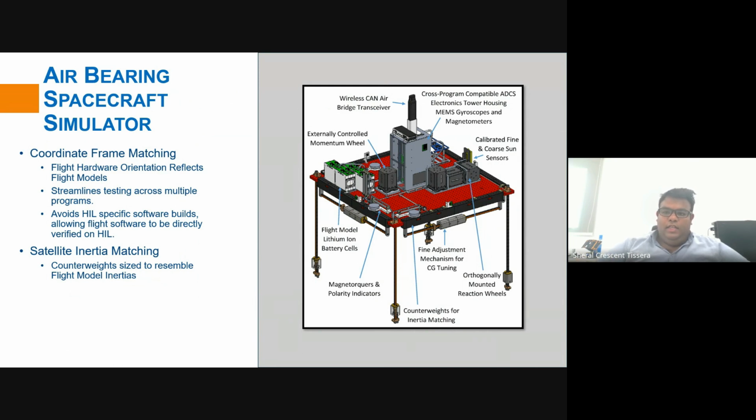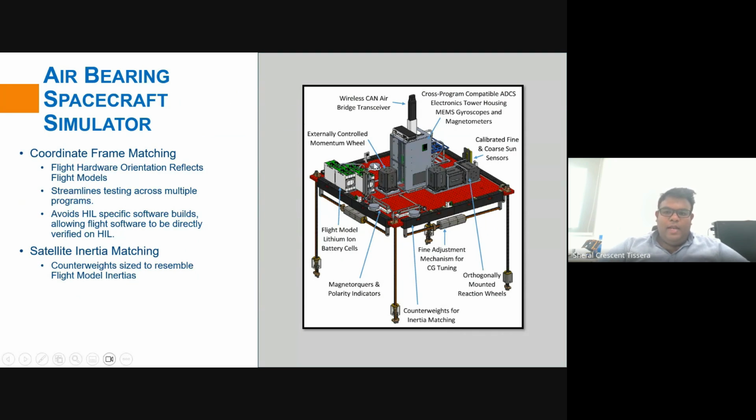Then we have the sensors such as the fine sun sensors, the actuators such as reaction wheel, which is mounted on this platform with respect to the flight electronics in the same way as it is mounted in the satellite, so that once the algorithms on board the simulator have been verified, it gives us assurance that the satellite will also function in the same way as in the simulator.